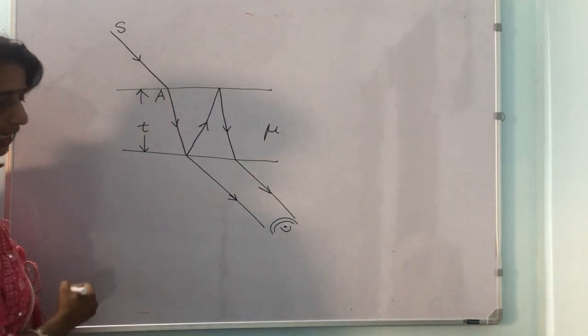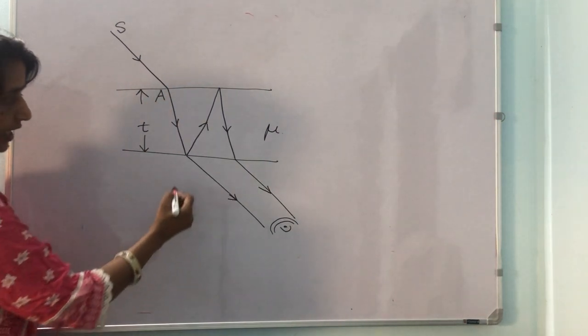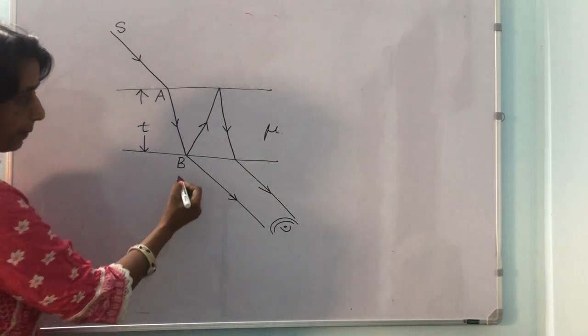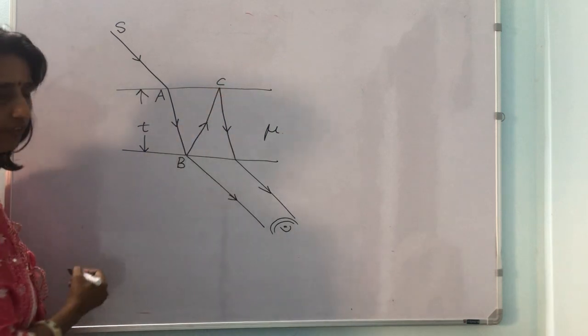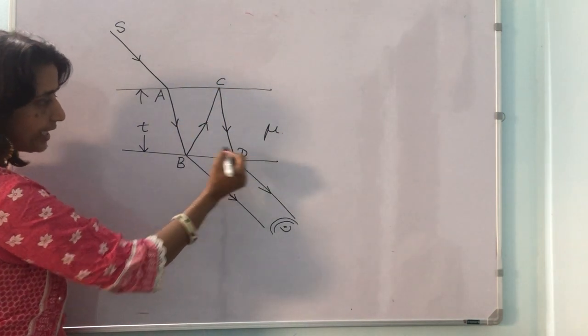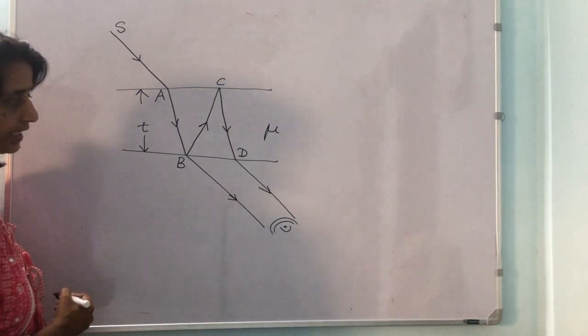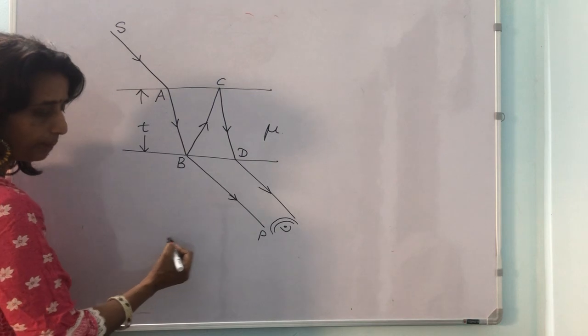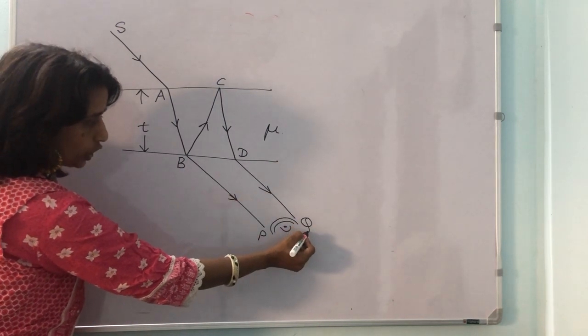Let SA be the incident ray, AB be the refracted ray, BC be the reflected ray inside the medium and CD again refracts inside the media. Outside it becomes BP and DQ.